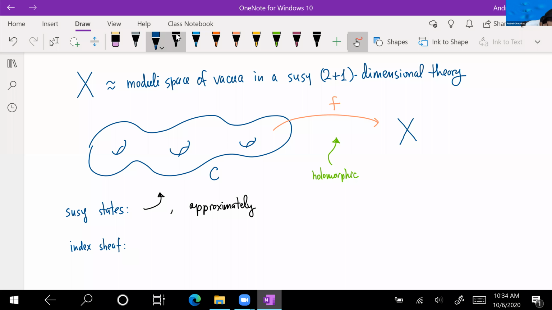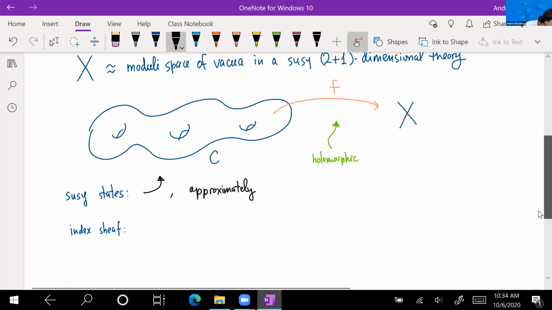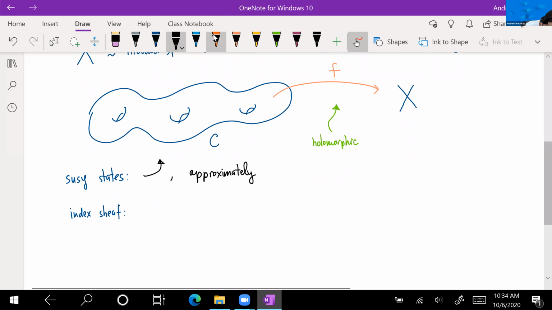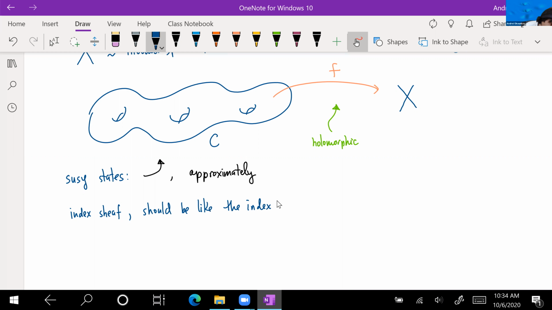So that index sheaf, we would like it to be something like the index sheaf for the Dirac operator.